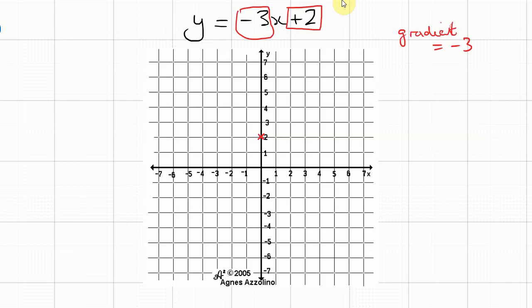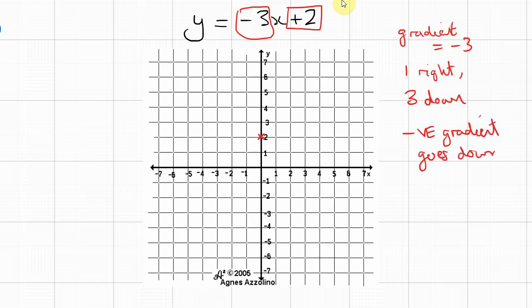So that means every time we go 1 right, we go 3 down, because a negative gradient goes down, a positive gradient goes up.